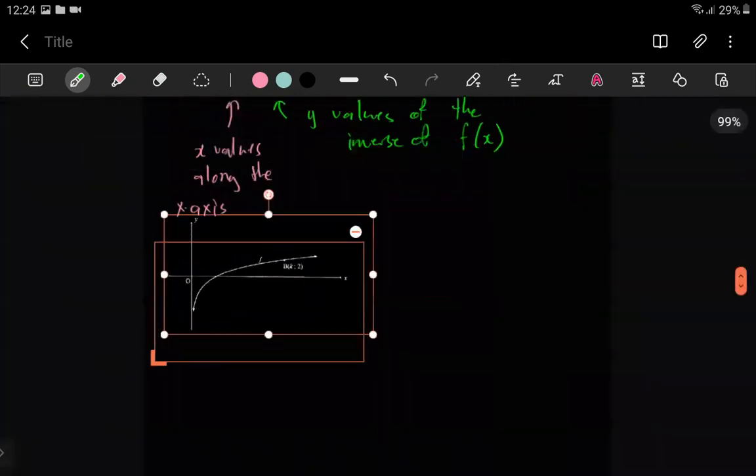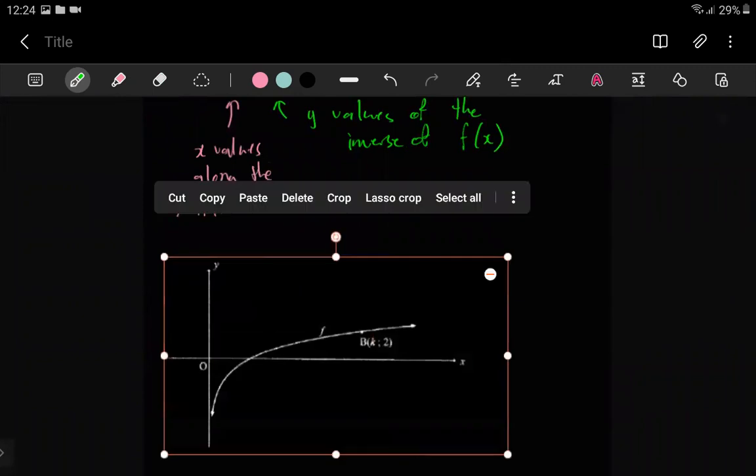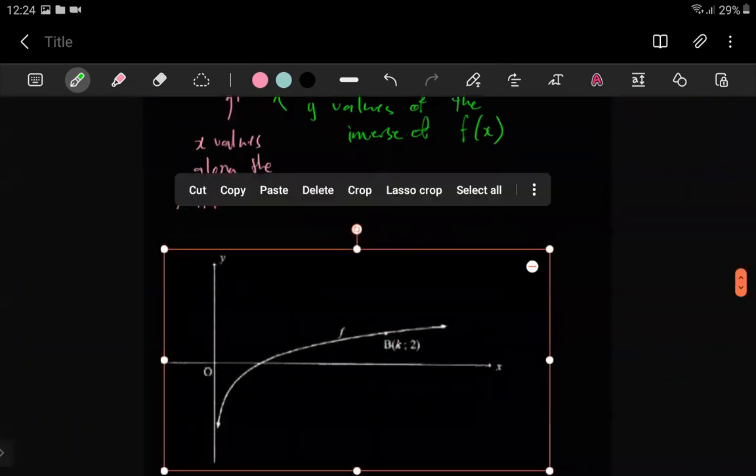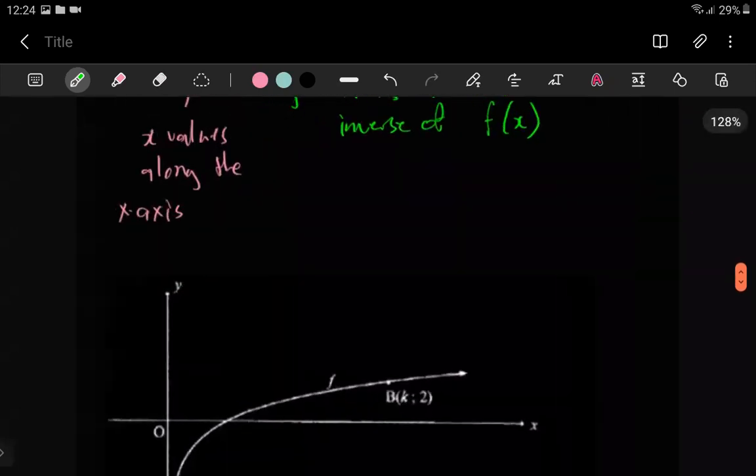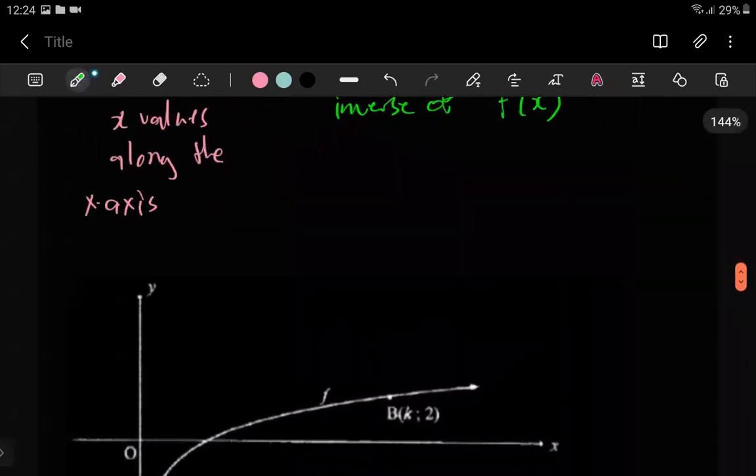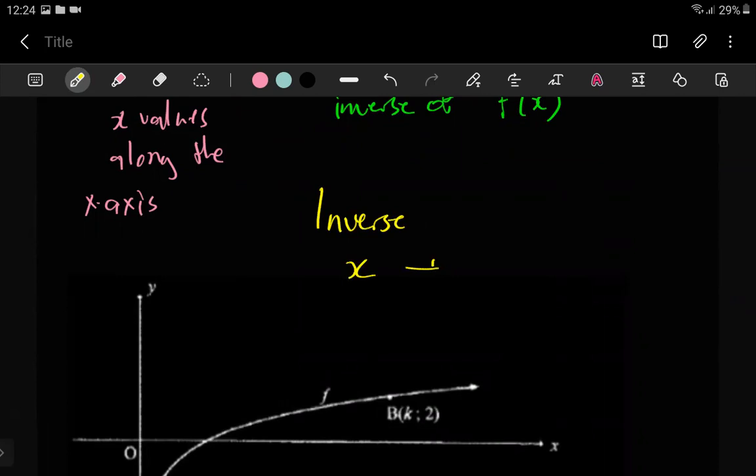We'll just mention it over and over again until something sticks. So the big idea is, with inverse, what we all know is that x values become y values, and y values become x values. That's what inverse is, right?